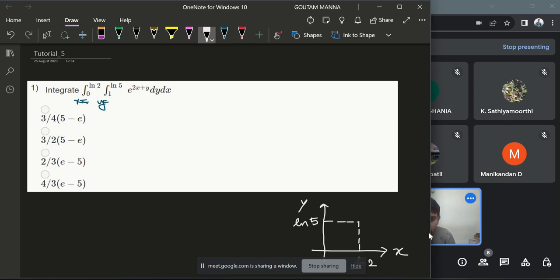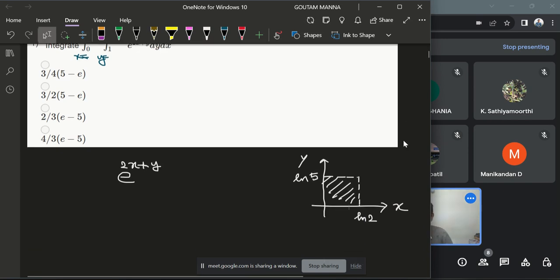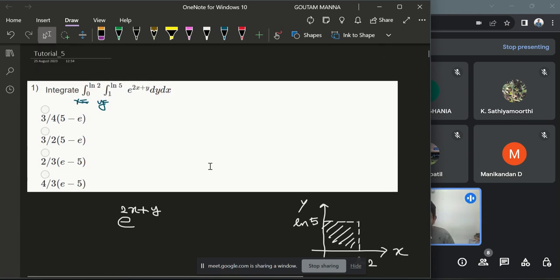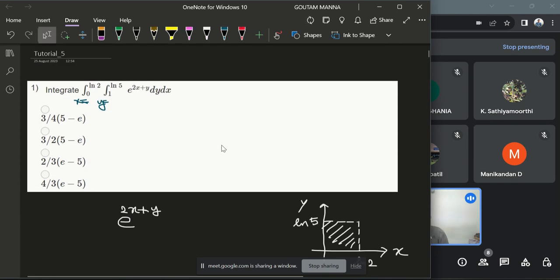Then we are asked to integrate this quantity e to the power 2x plus y in this region. As the x limit doesn't depend on y, and the y limit doesn't depend on x, we can integrate either x or y first, so it doesn't matter what we integrate first.